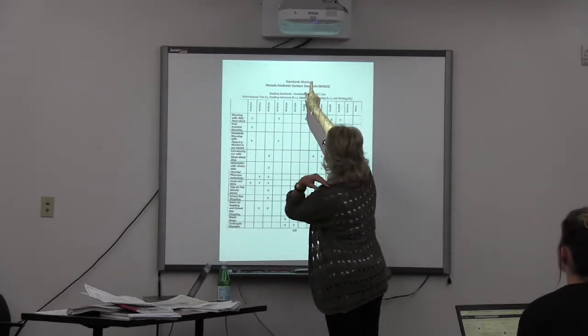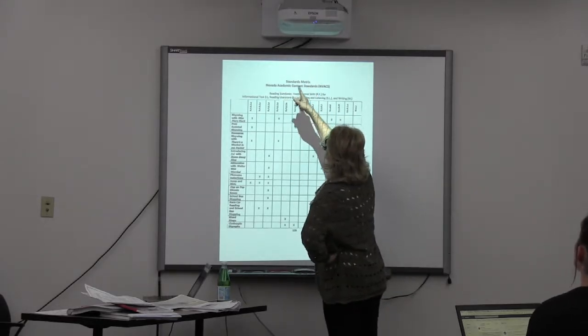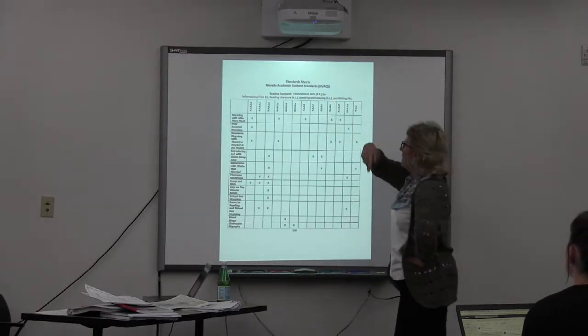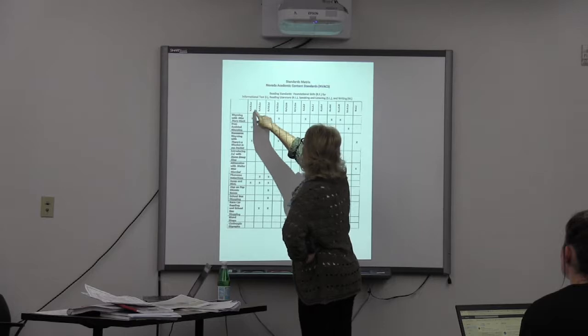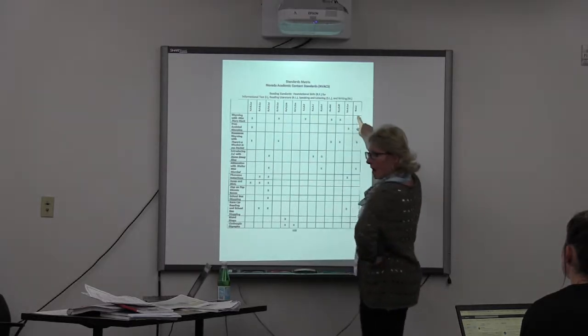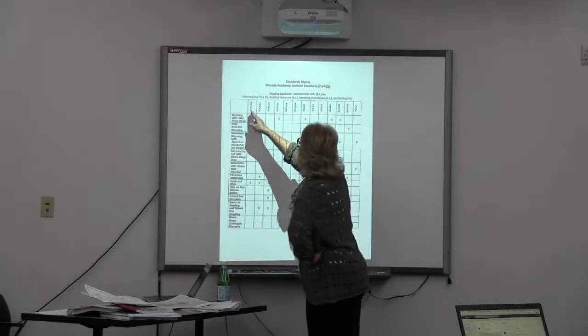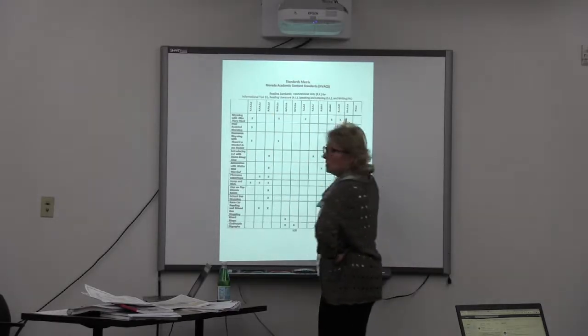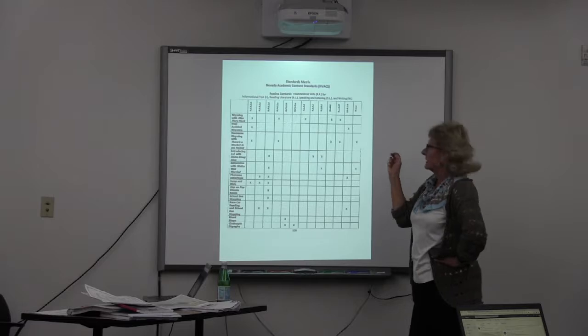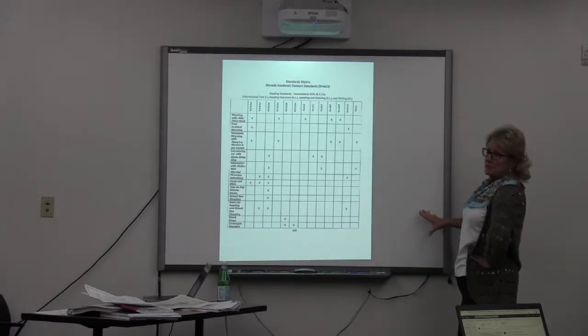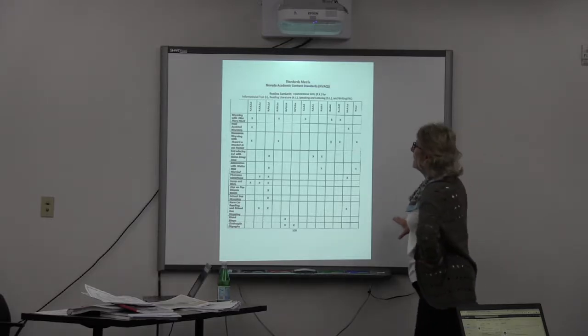At the top, Standards Matrix, Nevada Academic Content Standards, NVACS, tell us where they came from. And at the top of your matrix are all of the standards that you used throughout your project. You may need 1 page, you may need 2 pages, depending on how many standards you have.